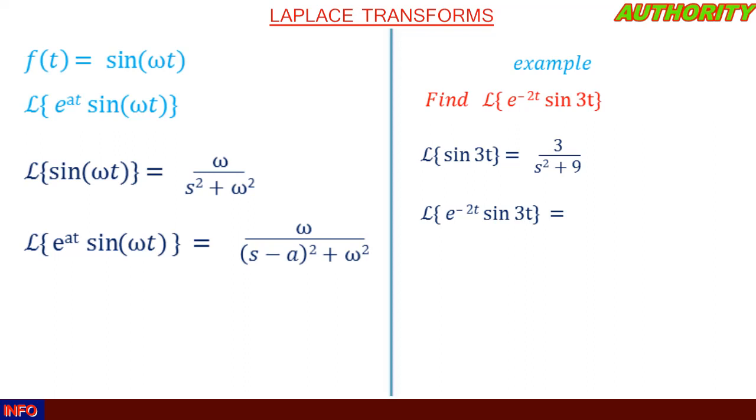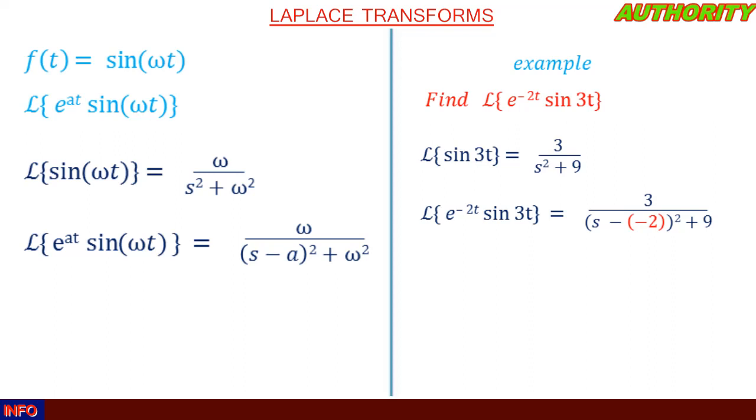But in this case now, you see that our a is what? It is minus 2. So that means we're going to say s minus open bracket minus 2. So the Laplace transform of e raised to the power of minus 2t sine 3t is going to give us 3 all over s minus open bracket minus 2 close bracket squared plus 9.